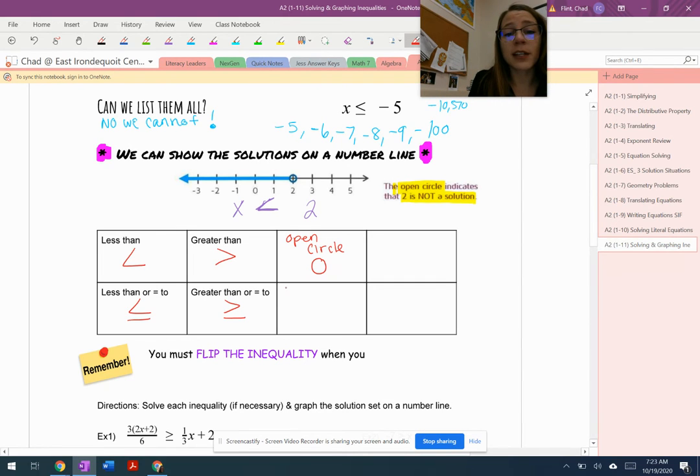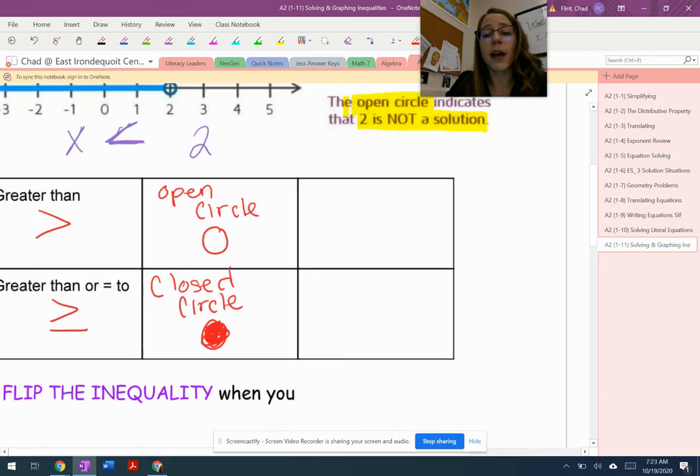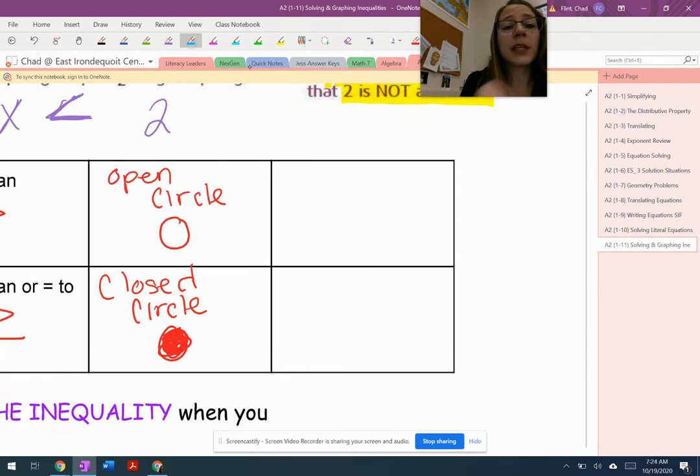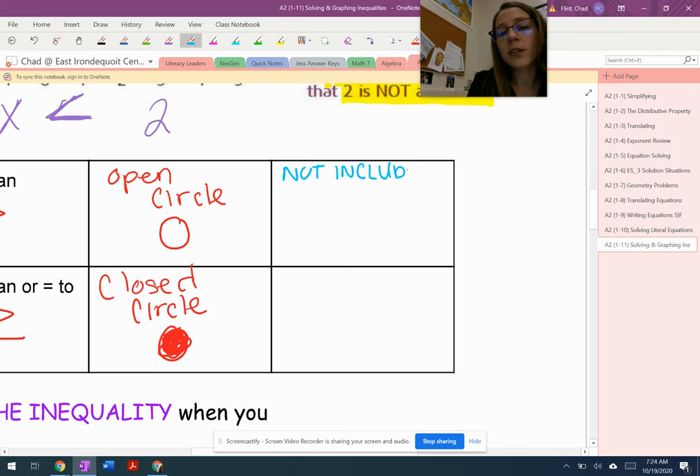And if it's less than or equal to or greater than or equal to, if it has that line underneath it, it gets a closed circle or a filled in circle. And last but not least, that open circle means that that solution is not included. The closed circle means it is included.